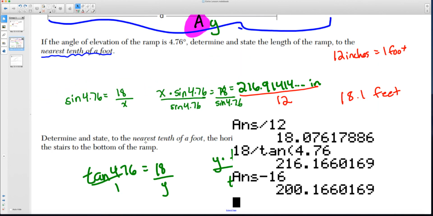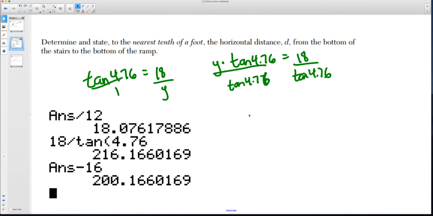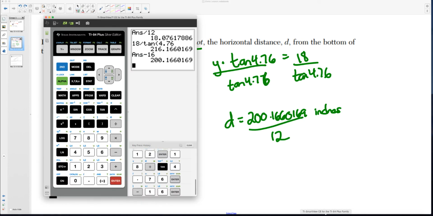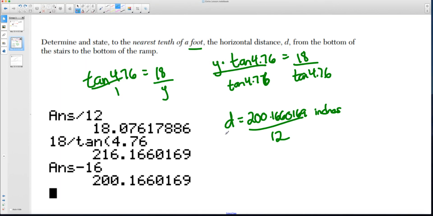We get that d is 200.1660169 inches. Once again, we need to convert over to feet. So I'll take this answer and divide by 12. To get, and we want to round to the nearest tenth, 16.7 feet.